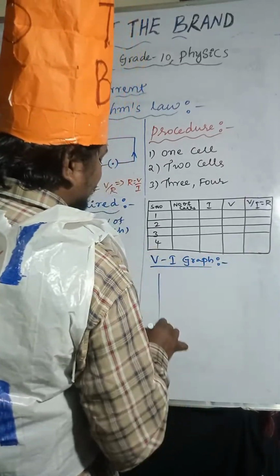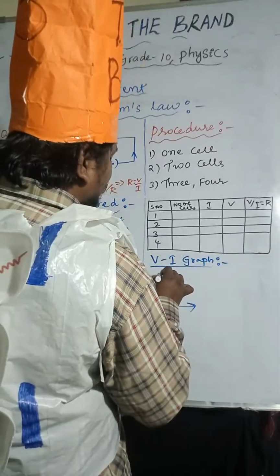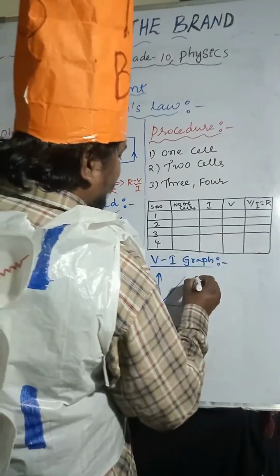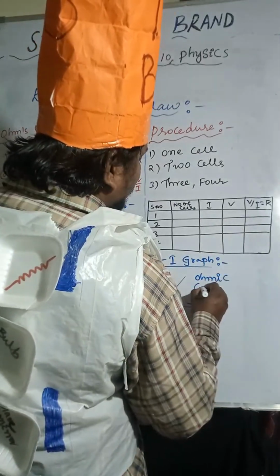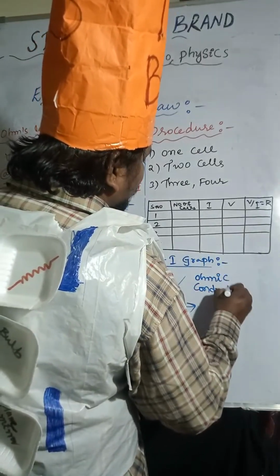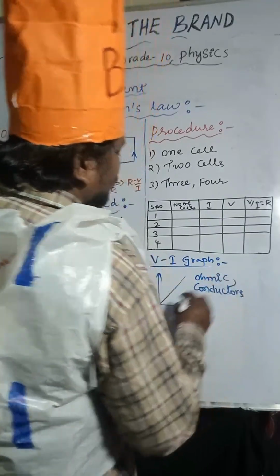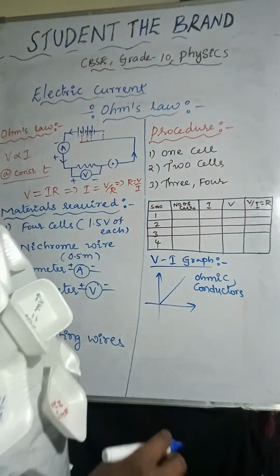The graph is a straight line for ohmic conductors.